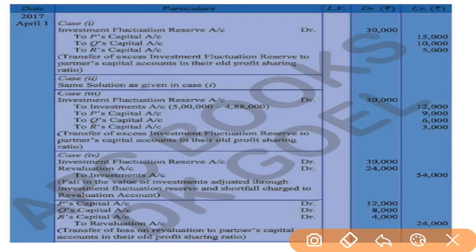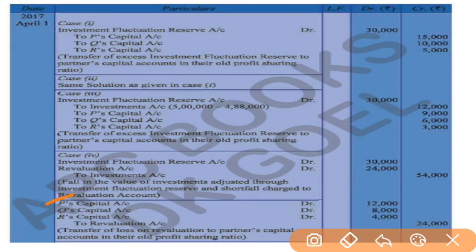Let us see. Investment fluctuation reserve account debit by 30,000, because that much reserve we had. Revaluation account debit 24,000, that much will be paid by revaluation account. To investment, the difference is 54,000. The investment fluctuation reserve is 30,000, and the remaining amount will be debited by revaluation account. Now this revaluation account will be distributed among partners' capital accounts in their old profit sharing ratio.